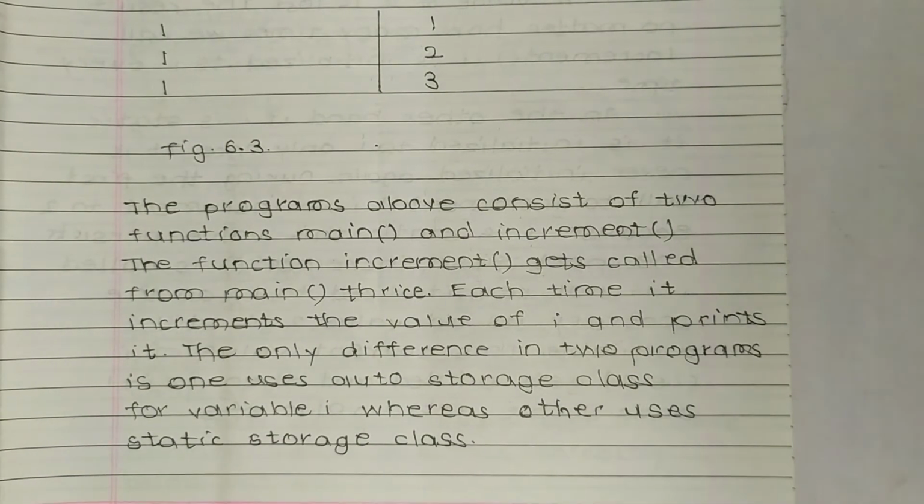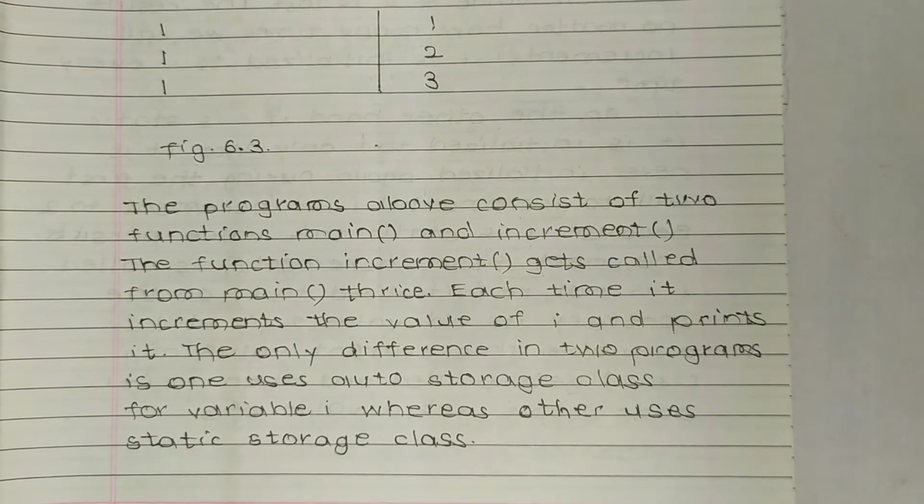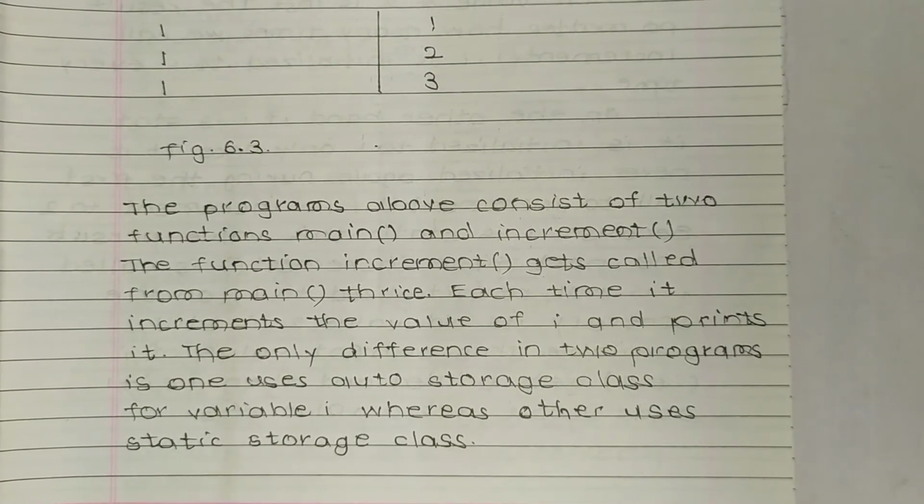The programs above consist of two functions, main and increment. The function increment gets called from main thrice; each time it increments the value of i and prints it. So the function is getting called from the main function, inside main.